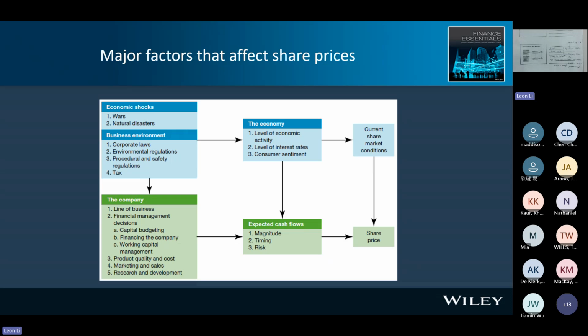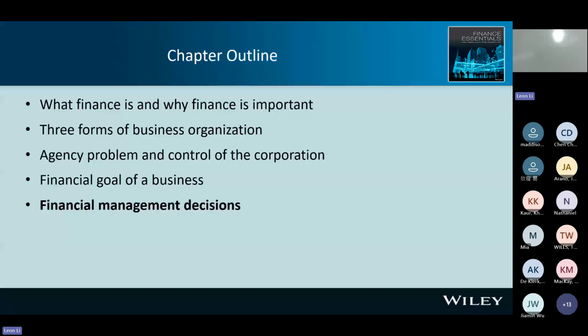All right, we finished the discussion on the financial goal of the business. So I know the financial goal of a business is the share price, right? And I know the systematic factor and the unsystematic factor, and the difference between them. We have one more section, financial management decisions.